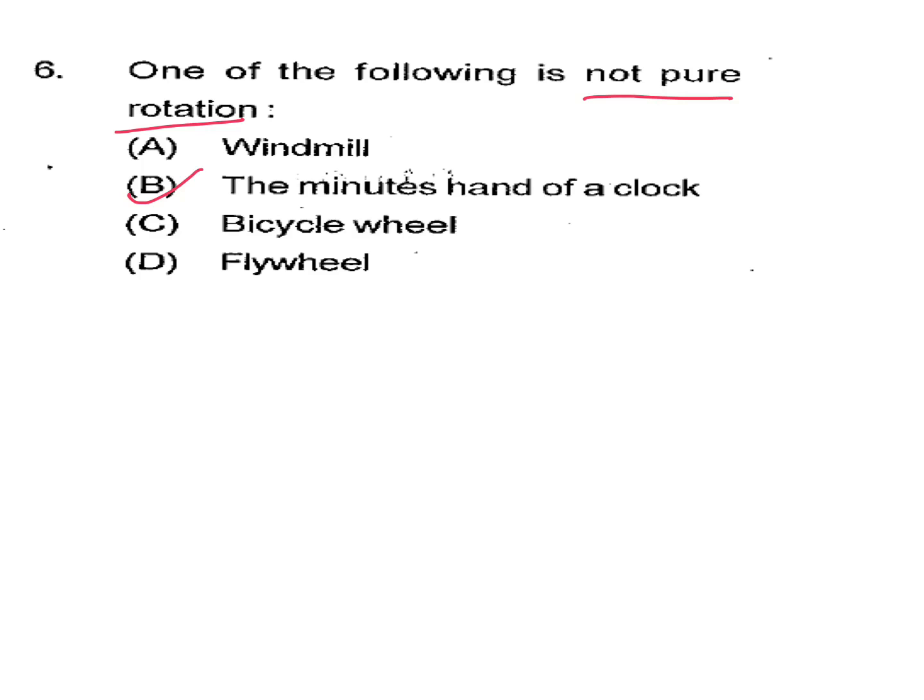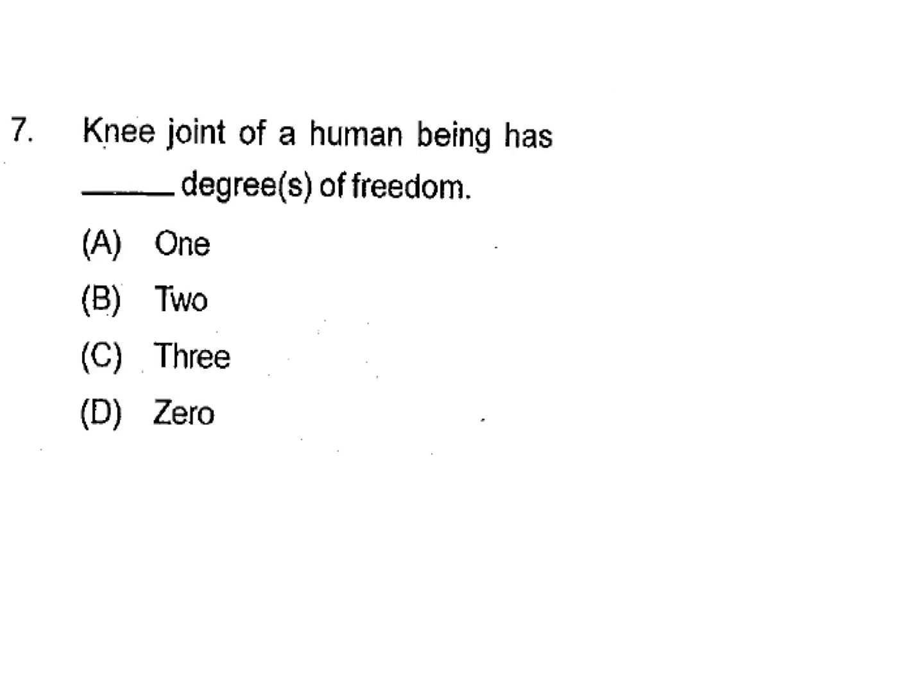Knee joint of a human being has dash degree of freedom. This is very important. So many times asked in IES and other PSU examinations also this one asked. Knee joints are also called pin joint or revolute joint. Two links are there.